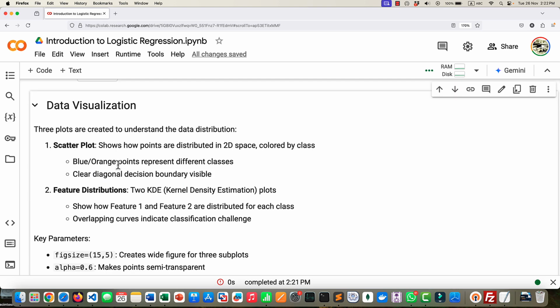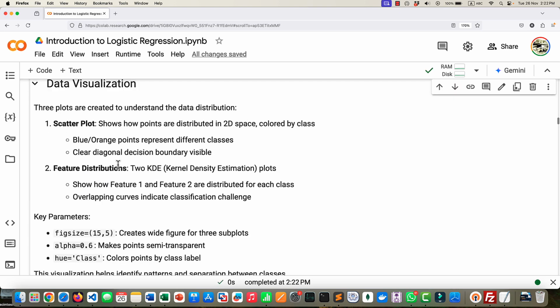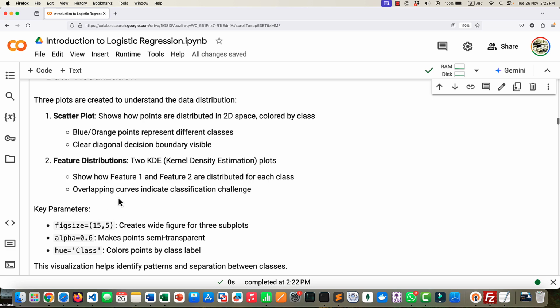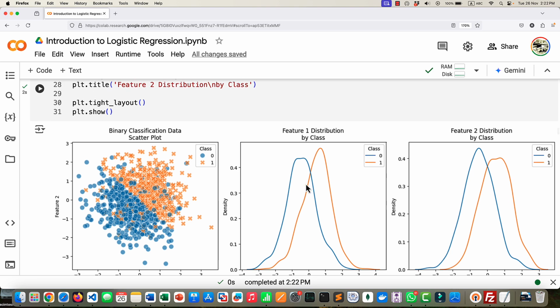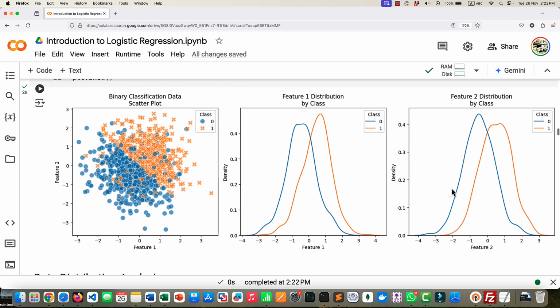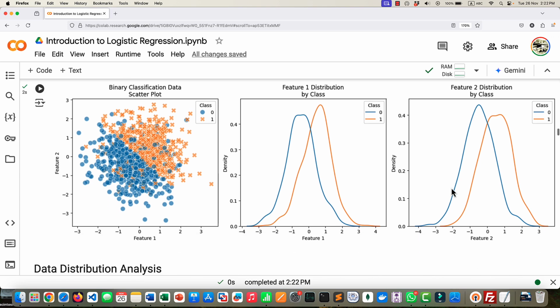So every feature will have a distribution by itself. Okay, this is why we can visualize the distribution of data. This is feature 1, and this is feature 2. And of course, feature 1 distribution by class, and feature 2 distribution by class also.